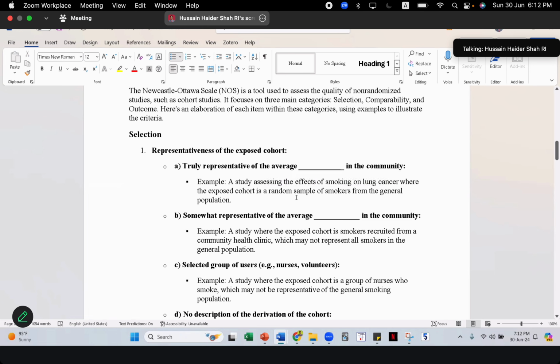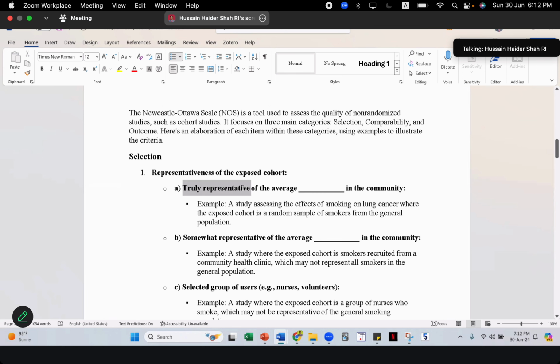If the population we are considering for that study is a general representation of the smokers, and we are randomly picking those smokers, that will be a true representation, and we will give it 1 star. So we check one question, and it got 1 star.